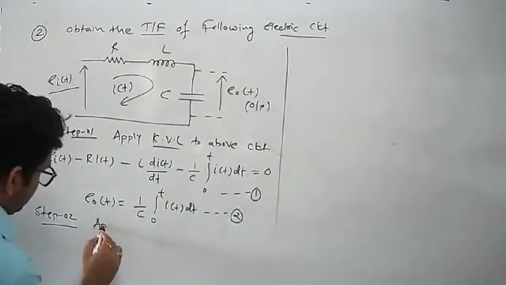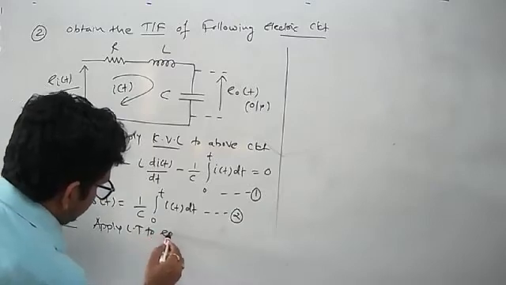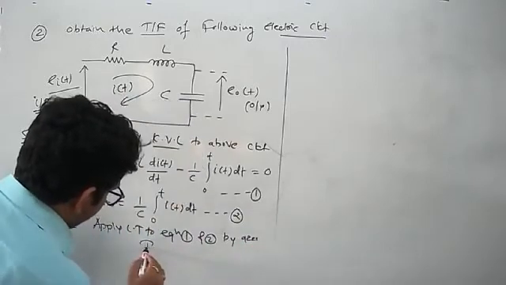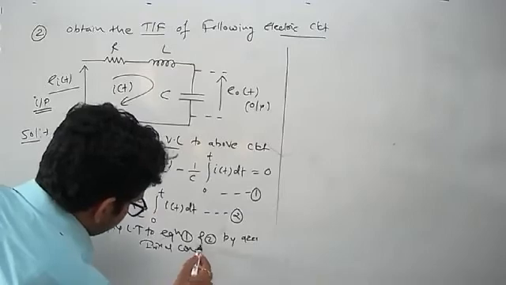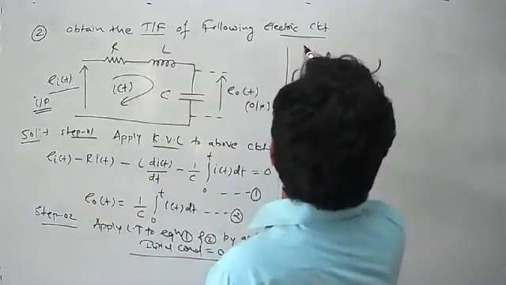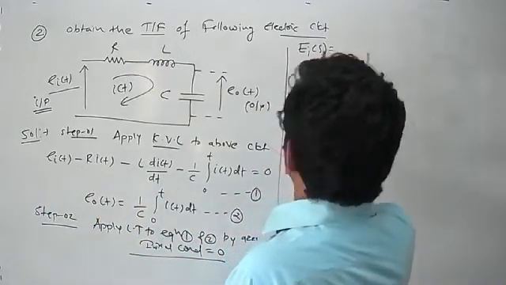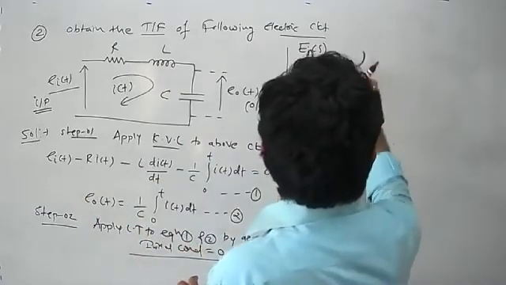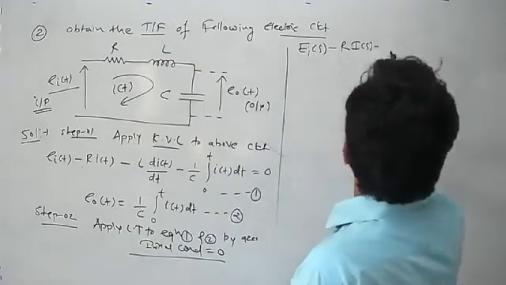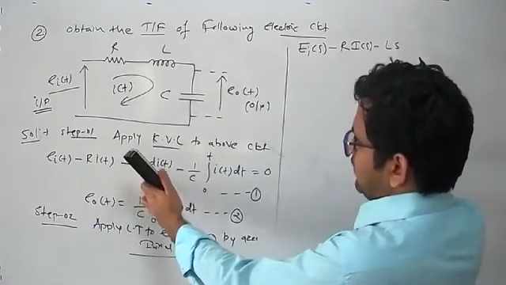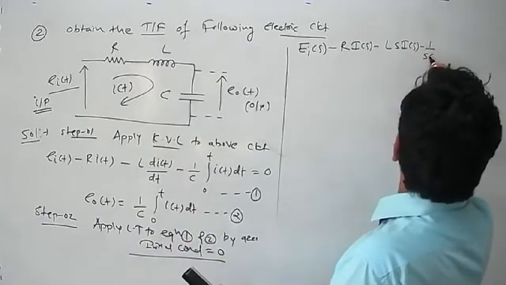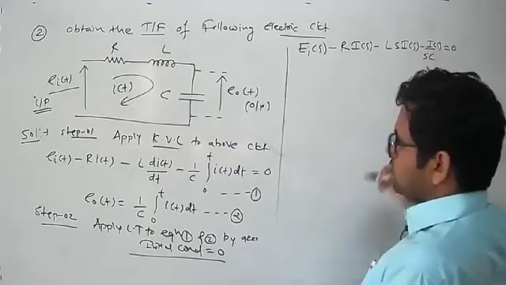So if you apply Laplace transform to equation 1 and 2 by assuming all initial conditions to be 0, we can rewrite equation number 1 as capital Ei(s) minus capital R into I(s) minus capital L into S, because here we need to apply the property of Laplace transform, into I(s) minus 1 upon S into C into I(s), that is going to be 0.